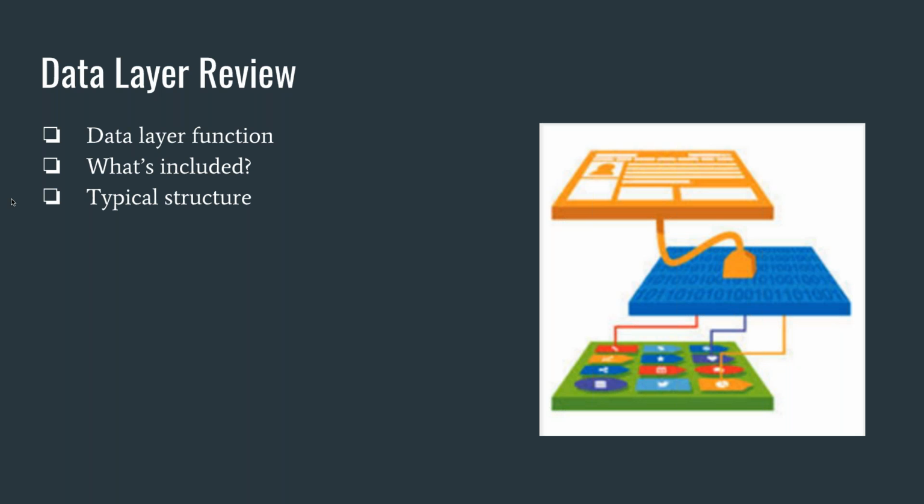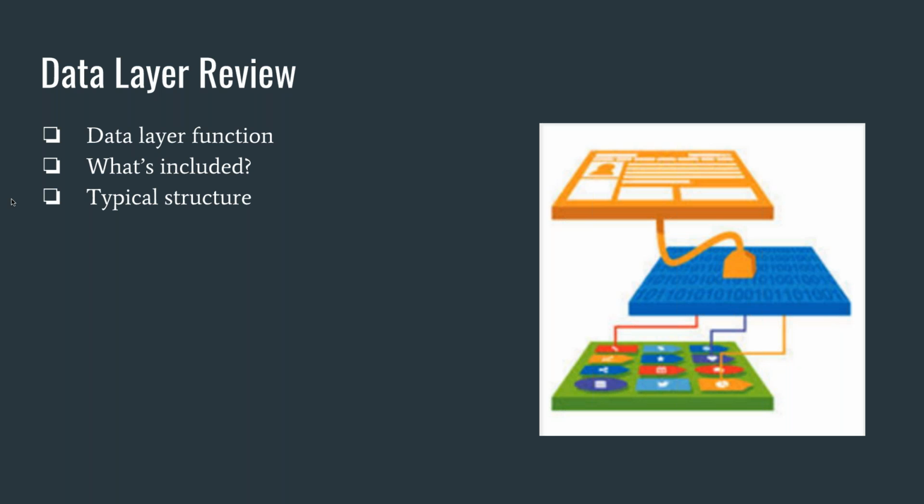So it's a positive and a negative in many ways. The negative is, if one thing goes wrong in that data layer, things go wrong across multiple platforms. But the positives are you're able to catch any issues a lot faster, and it's also much easier to fix, test, and maintain.